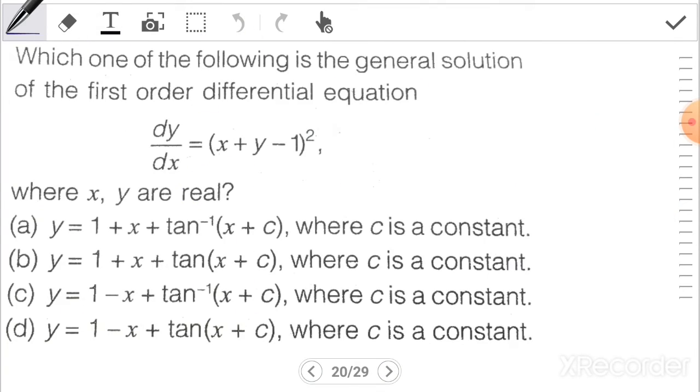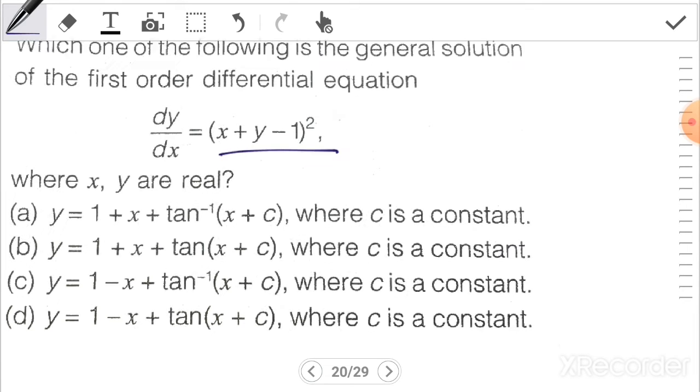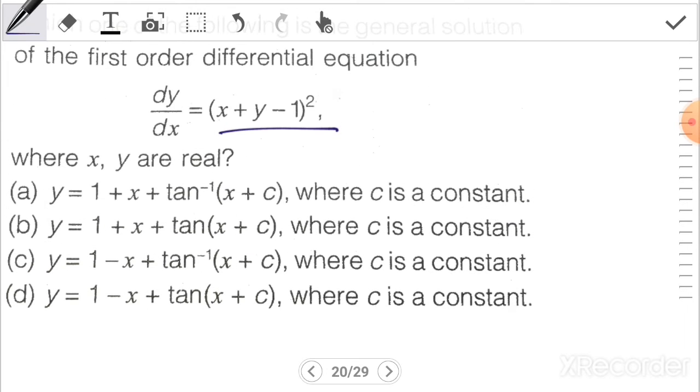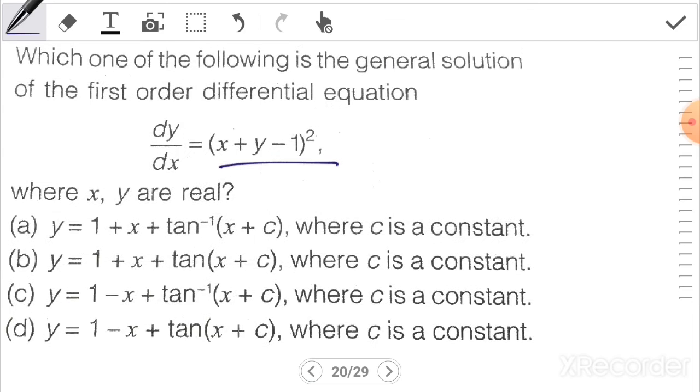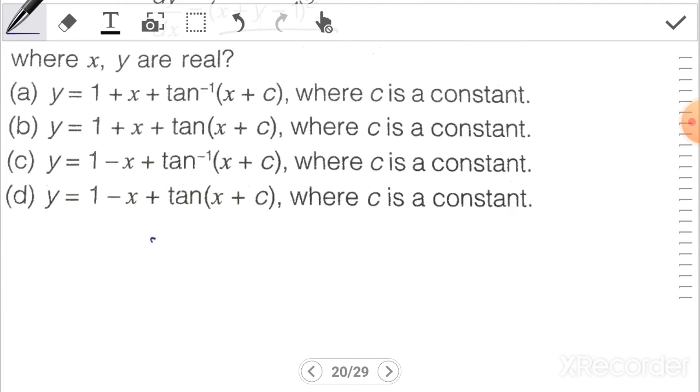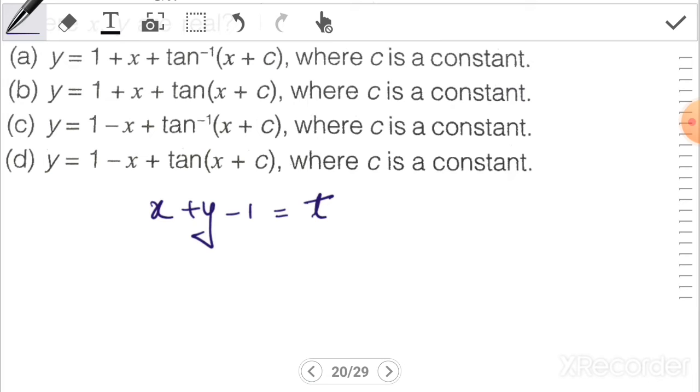Which one of the following is the general solution of the first order differential equation dy by dx is equal to x plus y minus 1 whole square? So we can solve this by taking this form can be reduced to variable separable form by putting x plus y minus 1 as another variable, say t.